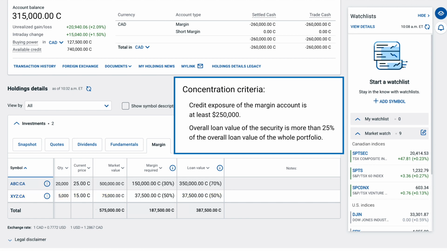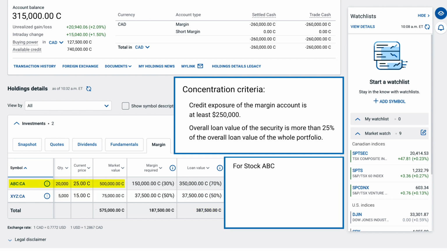So the overall loan value of the portfolio is simply the sum of these two numbers, $350,000 plus $37,500, which equals $387,500. For stock ABC, the loan value of ABC as a percentage of the loan value for the portfolio is $350,000 divided by $387,500.